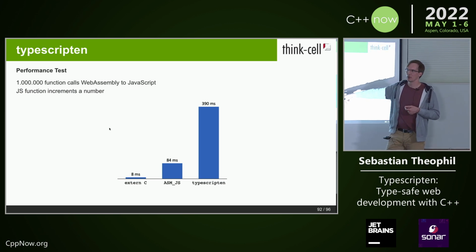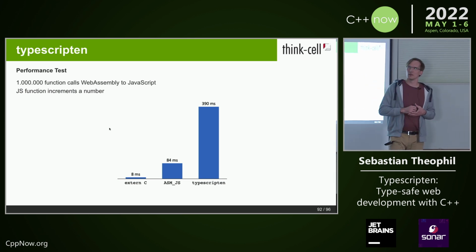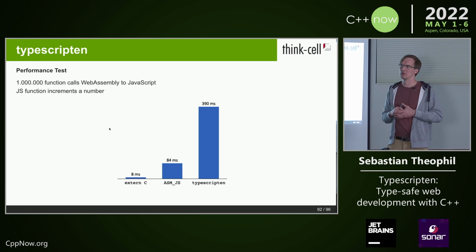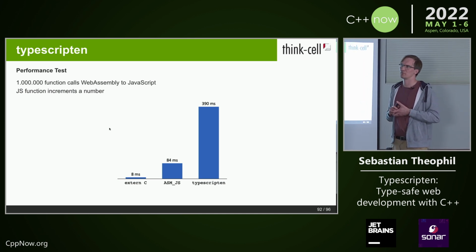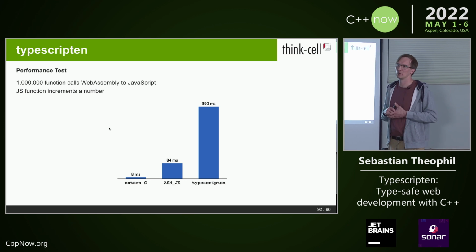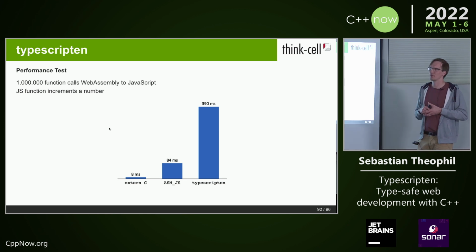That's true. So that extern C function only has to do the work of, I don't even know what you put in there. Did you increment a number? Yeah, I incremented a number. Okay, but that's a C++ number increment, so I know what that cost is. I'm interested in the cost to get across the boundary. And I don't feel that's what this is telling me.